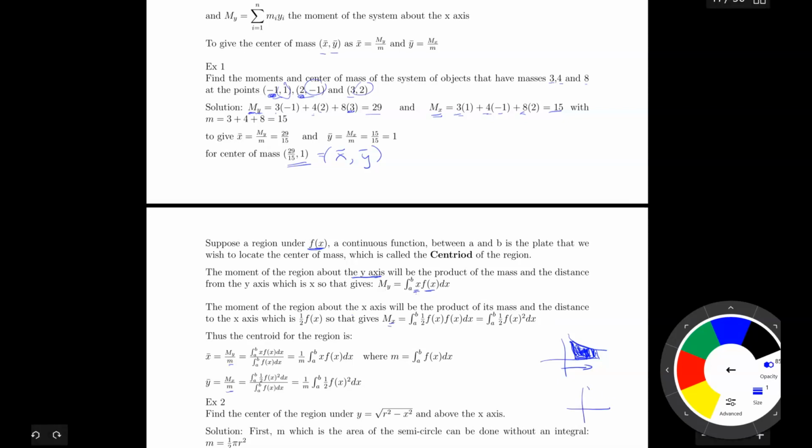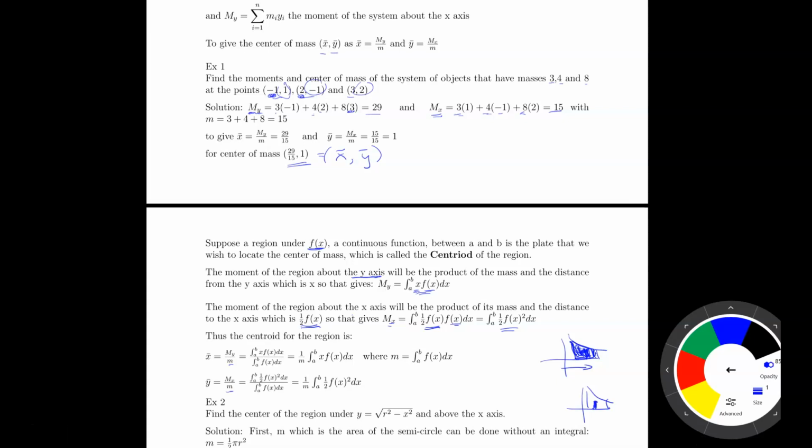Let me draw it again so I can get an idea. We go halfway up the function, so 1/2 of the y value times the mass, and so I get 1/2 f of x squared. These are the nifty formulas you'll just need to know or use.